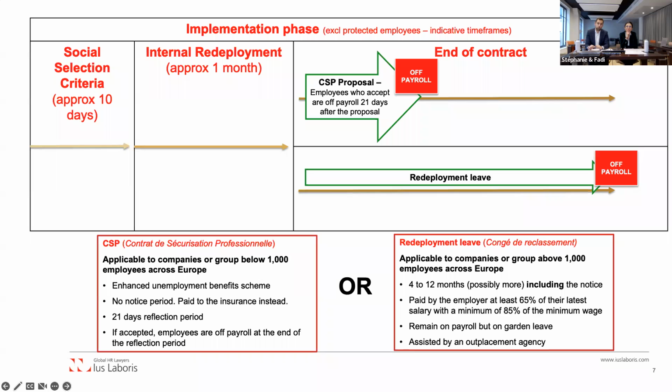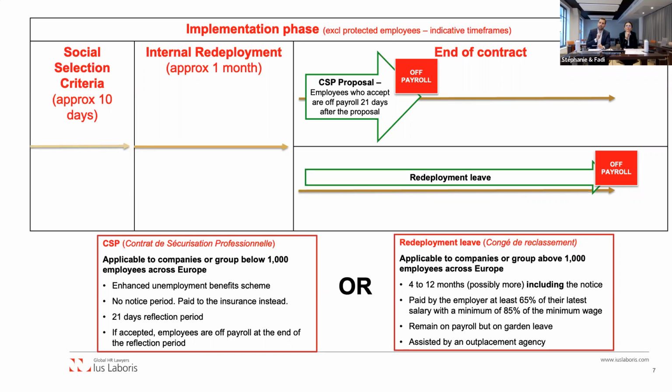And the labor administration will actually be very, very careful on the length of the redeployment leave, because the longer it is, the better it is for the unemployment insurance scheme, of course. They are assisted by an outplacement agency. And you can see that if you are on the lowest side of the redeployment leave, let's say you offer the minimum, which is 4 months at 65%, which is going to be a challenge to be able to do with a labor authority.